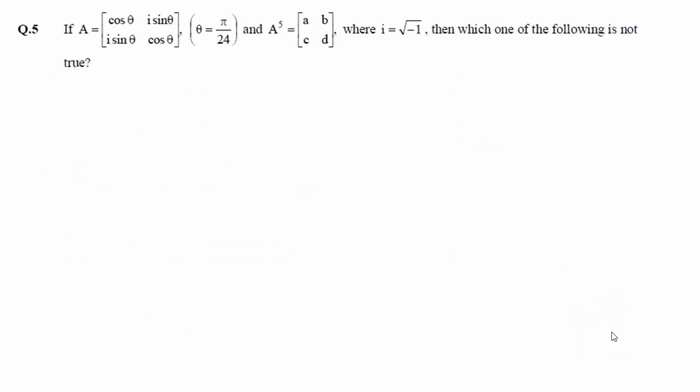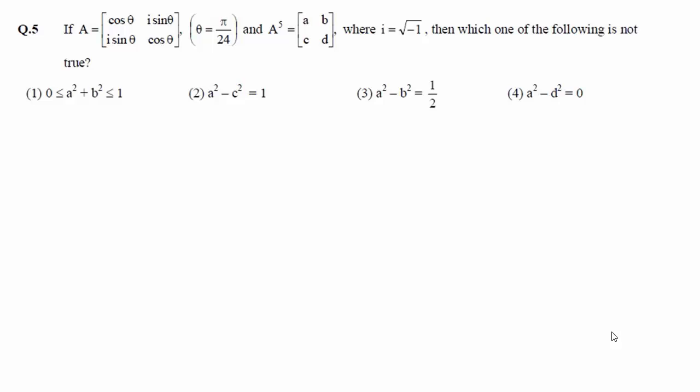Question 5. If A equals the matrix [cos theta, i sin theta; i sin theta, cos theta], and theta equals pi by 24, and A raised to 5 equals the matrix [a, b; c, d], where i equals square root of minus 1, then which one of the following is not true?